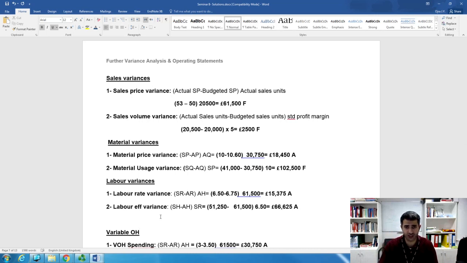So the one trick here is this one. Under absorption costing, if you remember, we used £5, which is the standard profit margin, the budgeted profit margin.